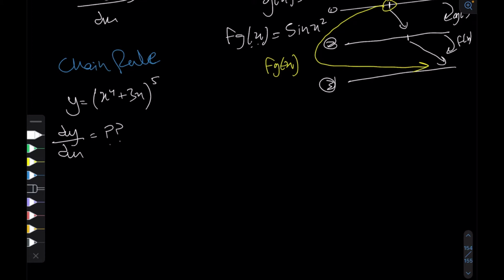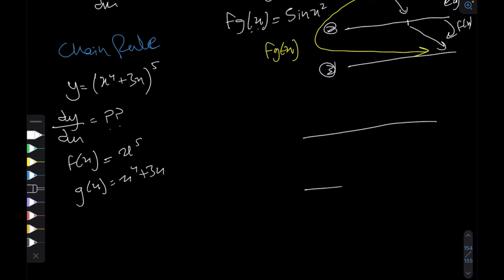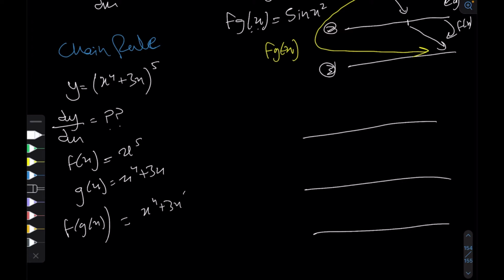The first thing that I will do is split this into two functions. f, the outer function, will be x to the power 5, and the inner function, g, will be whatever is in the bracket, which is x to the 4 plus 3x. So f(g(x)) would be (x to the power 4 plus 3x) all raised to the power 5.